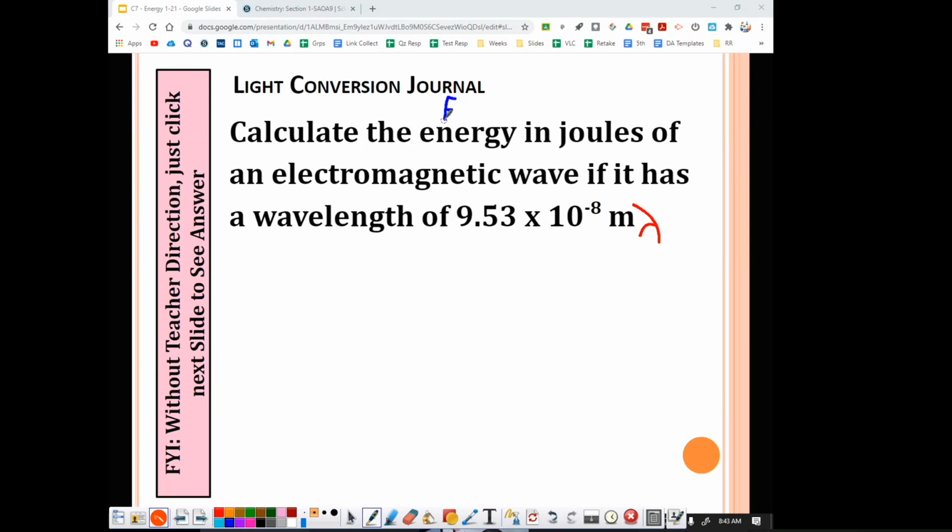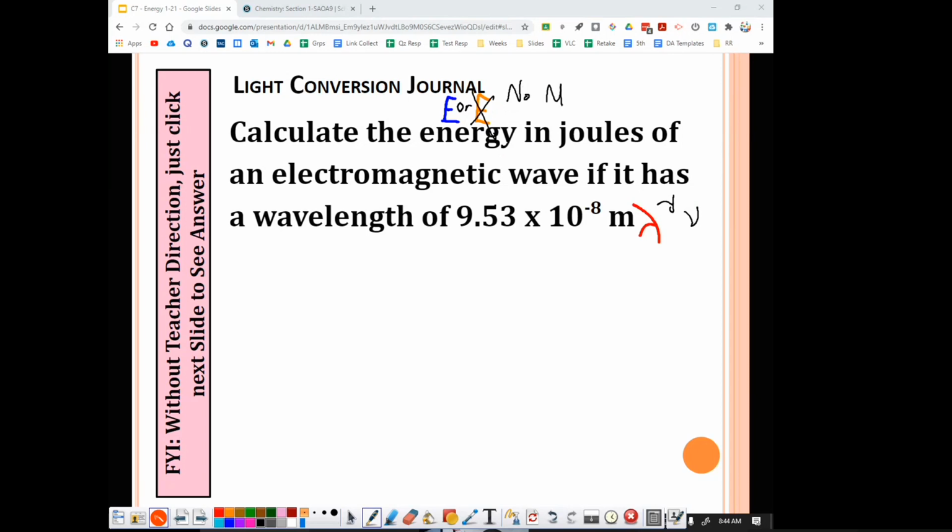So when we're talking about energy, this could either be Planck or it could be Einstein. But because I'm going to be using my wavelength, which was right there, it's either going to be Planck or Einstein. But wavelength is going to give me frequency, which means that's going to be Planck, not Einstein.